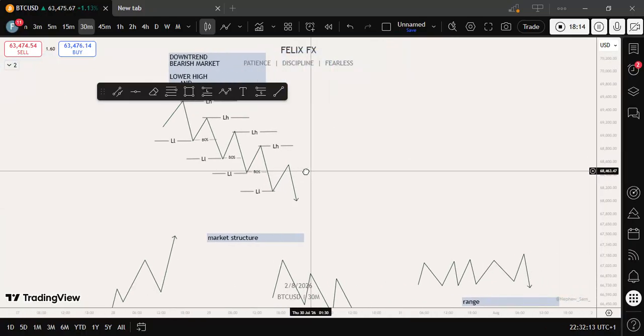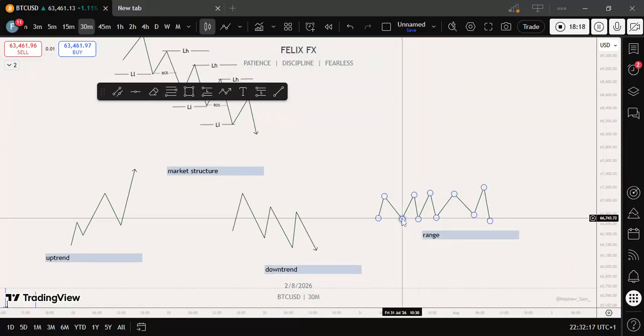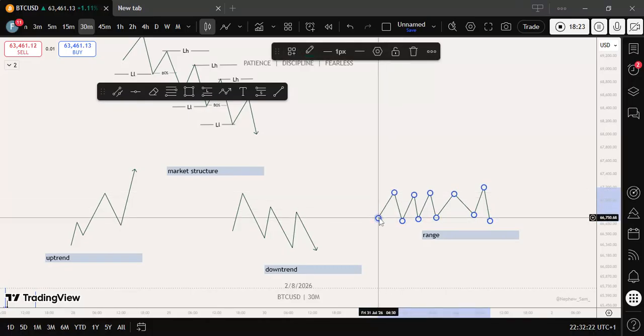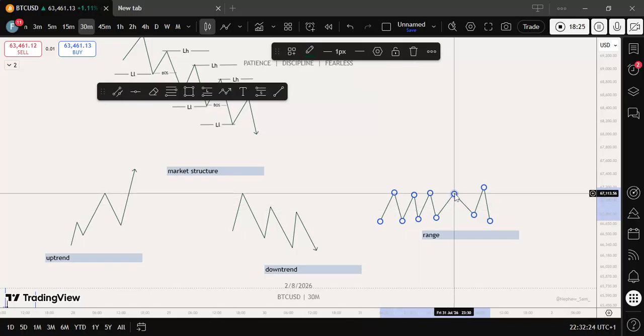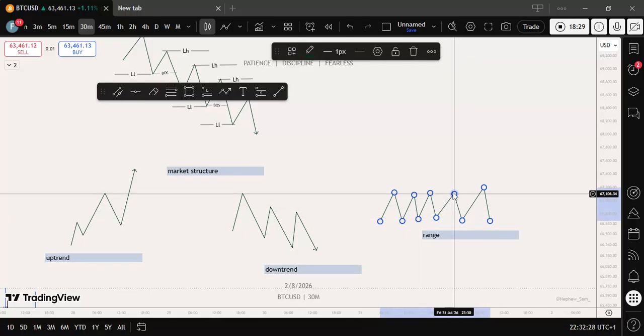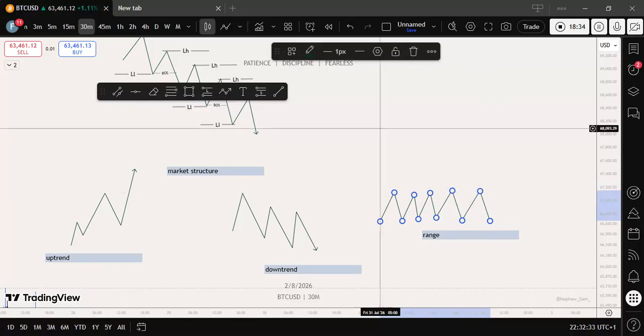And the ranging market is where the market is consolidating, not making any move, just moving sideways. I will advise you, when you see such movement in the market, you better avoid the market. If not, you get liquidated.